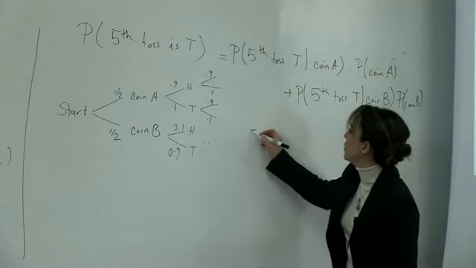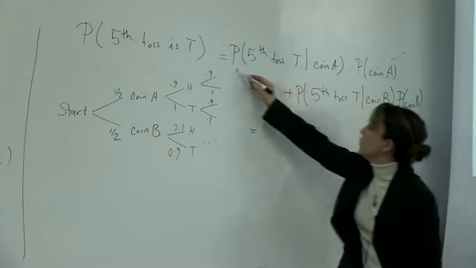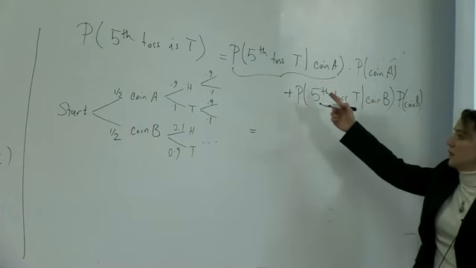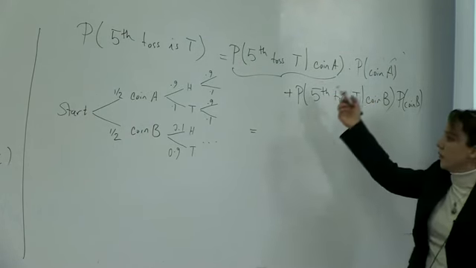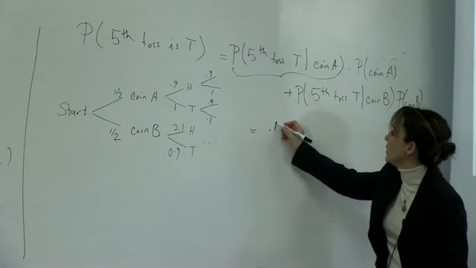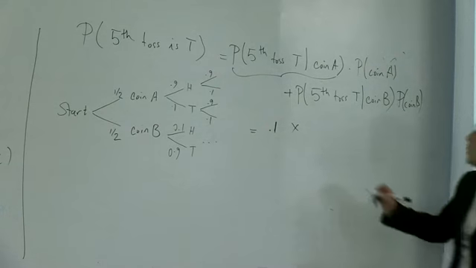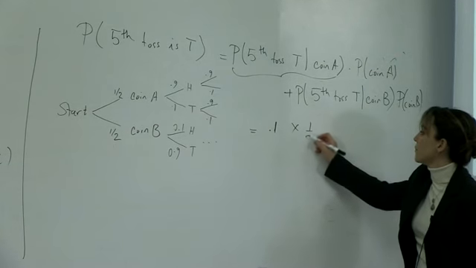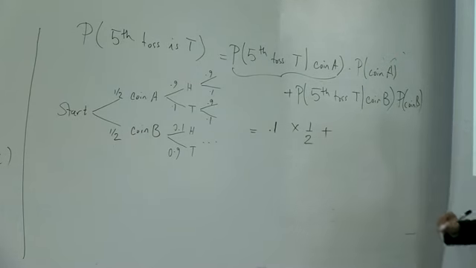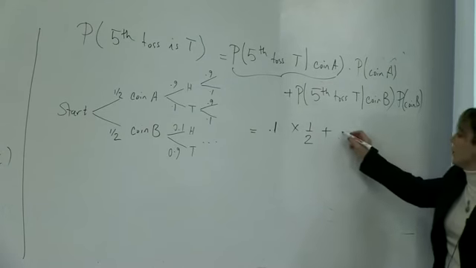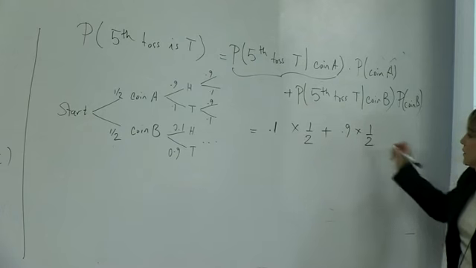So let's compute this. What is this probability? Given coin A, it's tails with probability 0.1, times, what's the probability of picking coin A? 1/2. Plus, fifth toss tails given coin B, 0.9 times 1/2.